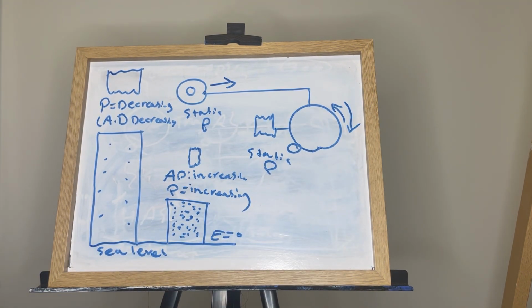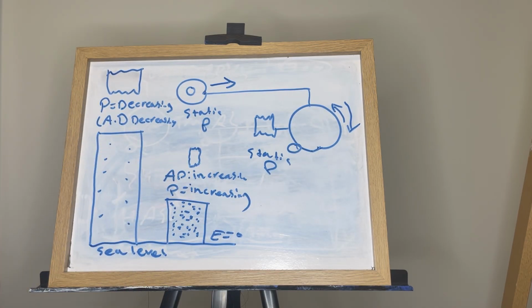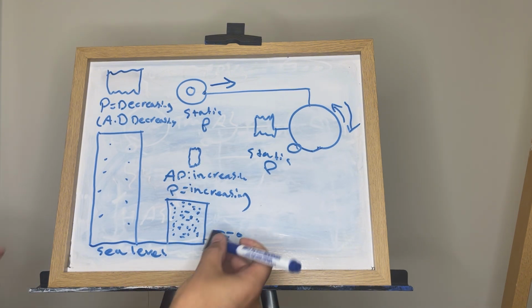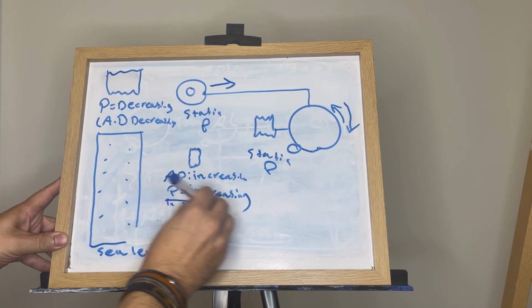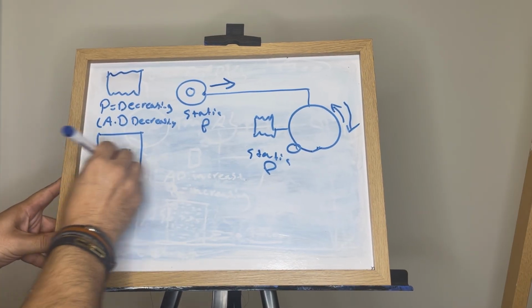So this is the basic fundamental of altimeter function at different altitudes. Let's do one example for better understanding.